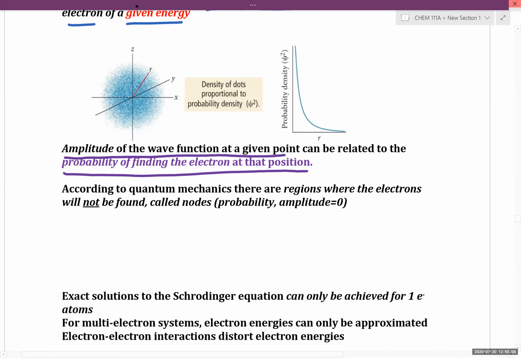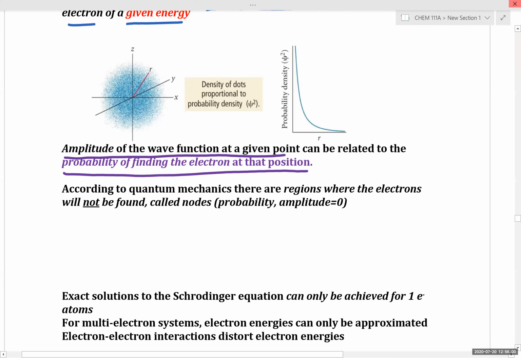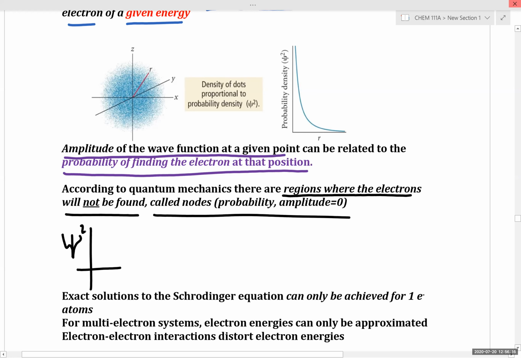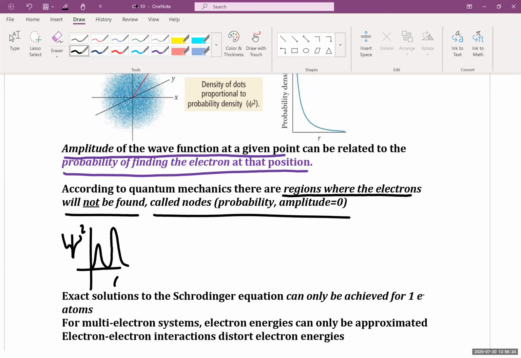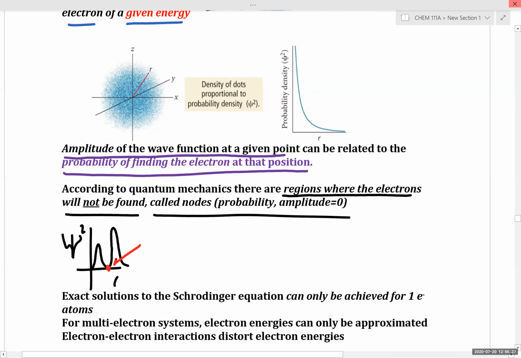Now, critically, there are also going to be observable regions where the electrons will not be found, called nodes. So we can see this quite dramatically. If we look at, for example, a probability density diagram as a function of radius, you may notice that there are regions of zero amplitude in our probability density called a node.